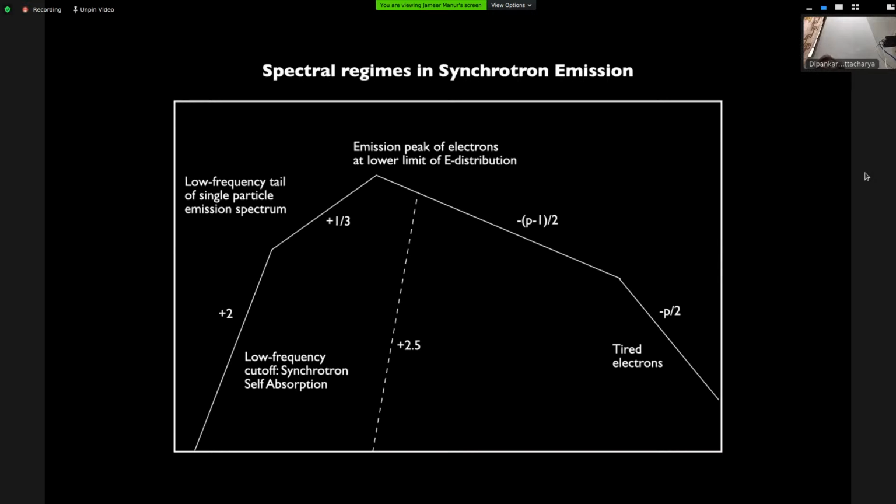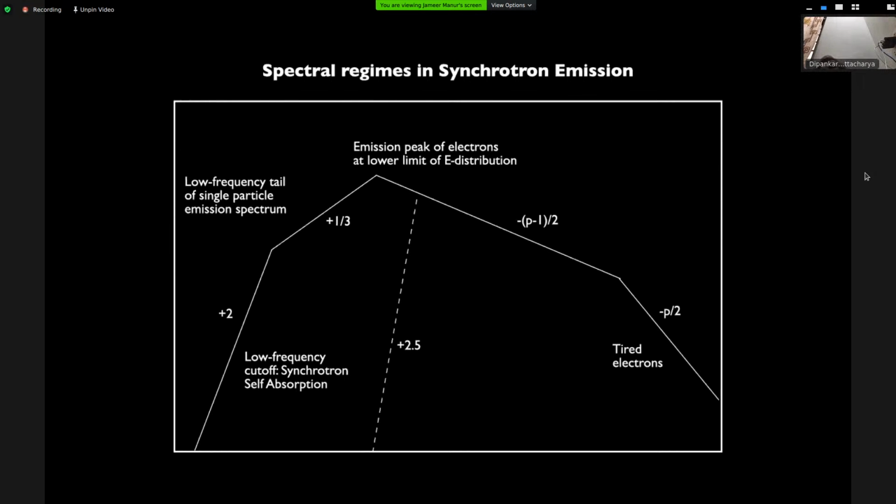And here the source function is not a black body, but it has a slope of nu to the power of plus 2.5. And it's the dashed line which shows the optically thick part of the emission if the source happens to become optically thick at this point where this dashed line intersects the solid line. Above that frequency, you will have this nu to the power of minus (p minus 1) by 2 spectrum.